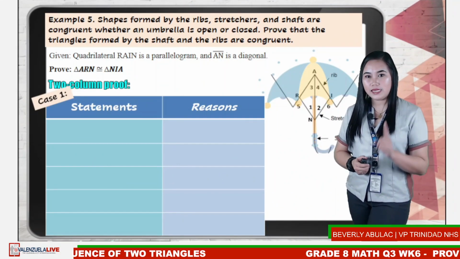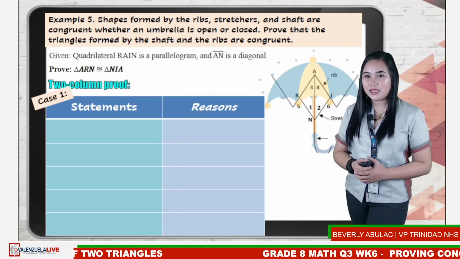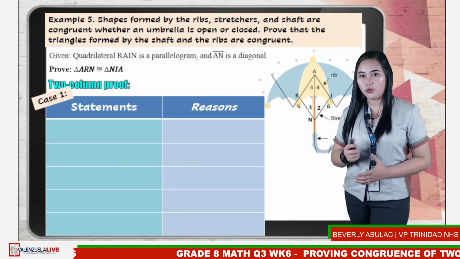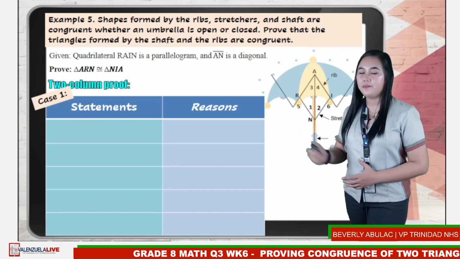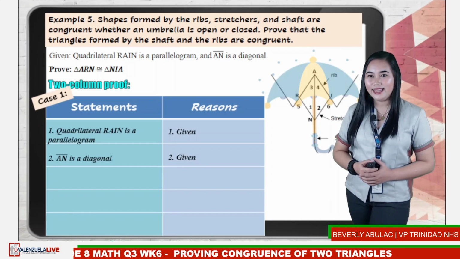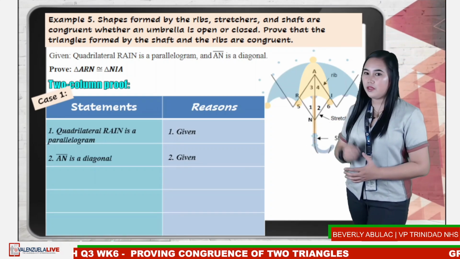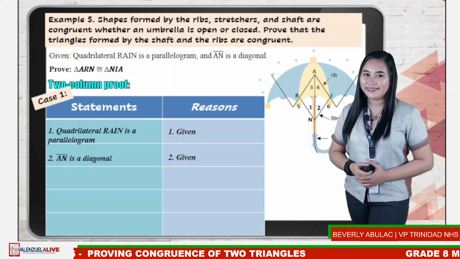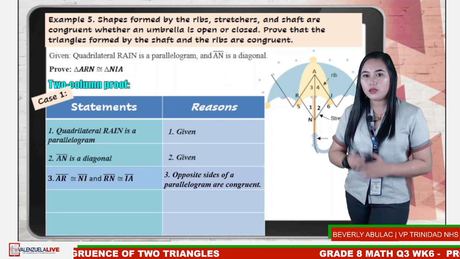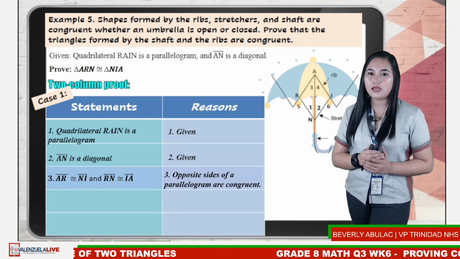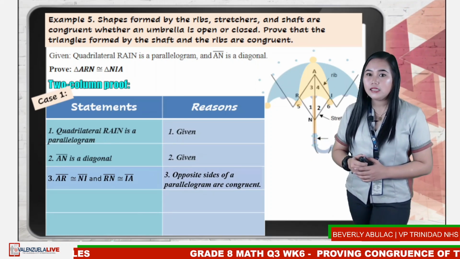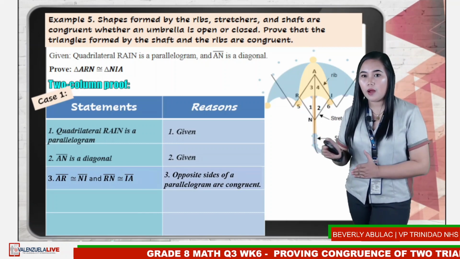For our first statement, you have to state the given: quadrilateral RAIN is a parallelogram. What is the reason? This is the given. The second one, segment AN is a diagonal. This is also our given. Just write it on the reason. The third one, segment AR is congruent to segment NI, and segment RN is congruent to segment IA. We can say that using the opposite sides of our parallelogram are congruent.